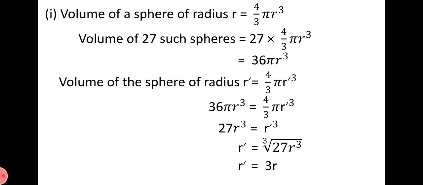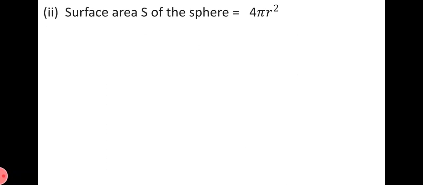Now using this we find the ratio. Surface area S of the sphere equals 4 pi r square. Surface area S dash of the sphere equals 4 pi r dash square, because the new sphere has radius r dash and the original sphere has radius r.